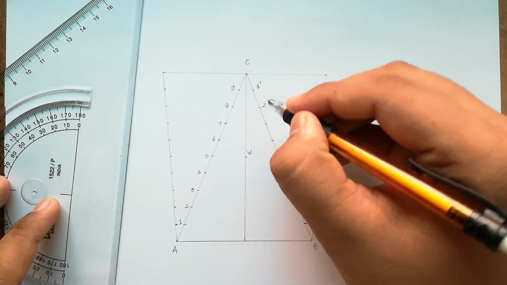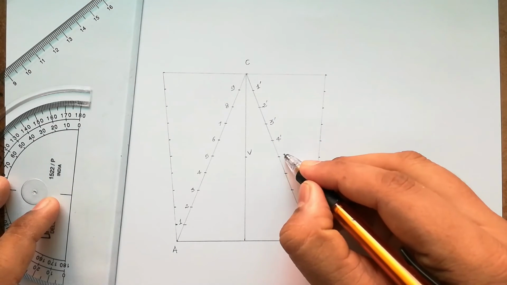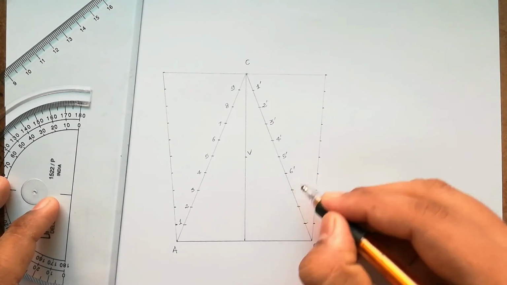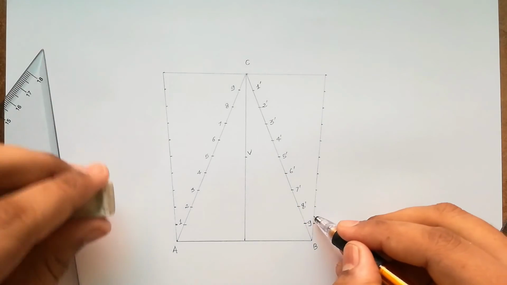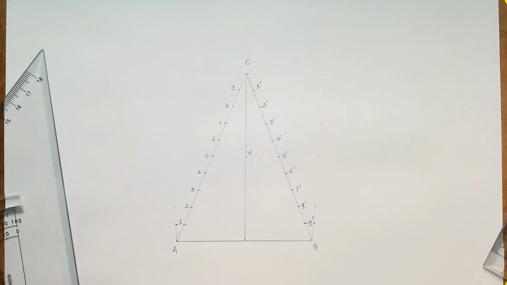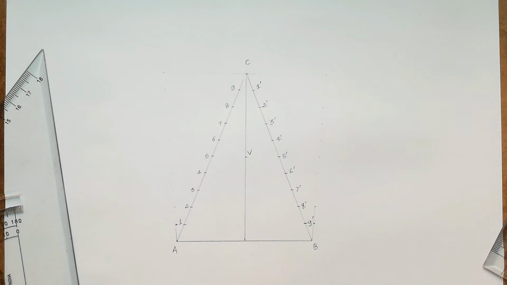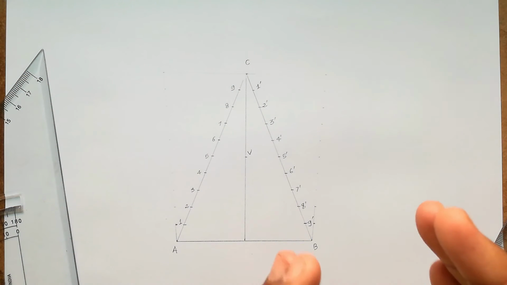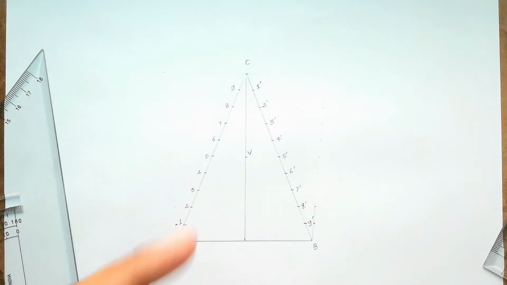Let me just give it a dash 1 dash, 2 dash, 3 dash, 4 dash, 5 dash, 6 dash, 7 dash, 8 dash, 9 dash. I will erase the extra work. So now I have done with the numbering. The next step to do is to connect one number with one dash number. In the same way, I will connect two number with the 2 dash, and I will continue up to 9.